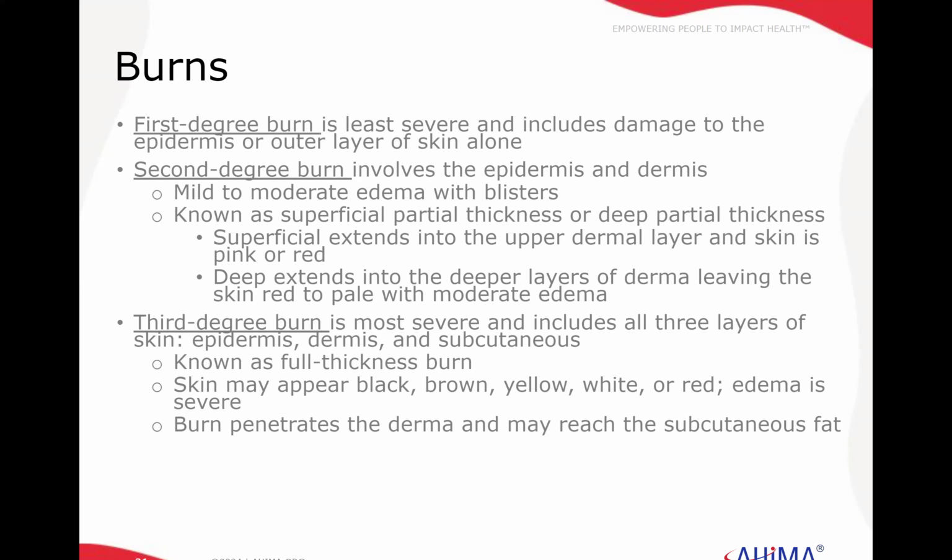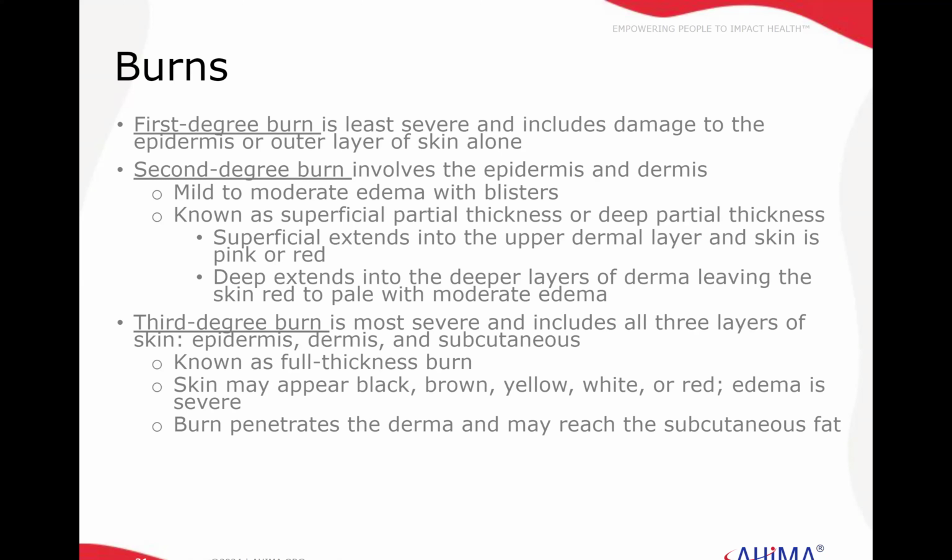Burns also are coded by degree. A first-degree burn is less severe. This is damage to the epidermis, or the outer layer of the skin only. A second-degree burn involves the epidermis and the dermis. These are the burns that you see sometimes where there's blistering, pink and red wounds and what have you.